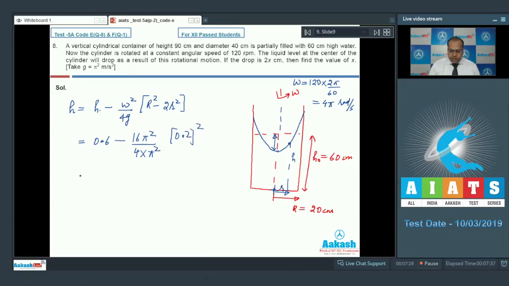If I solve this, it comes out to be 0.44 meter. It means the drop 2x is equal to 0.6 minus 0.44, so it comes out to be 0.16 or 16 centimeter. So the value of x comes out to be 8 centimeter. So the correct answer for question number 8 is 8. Let's move to question number 9.